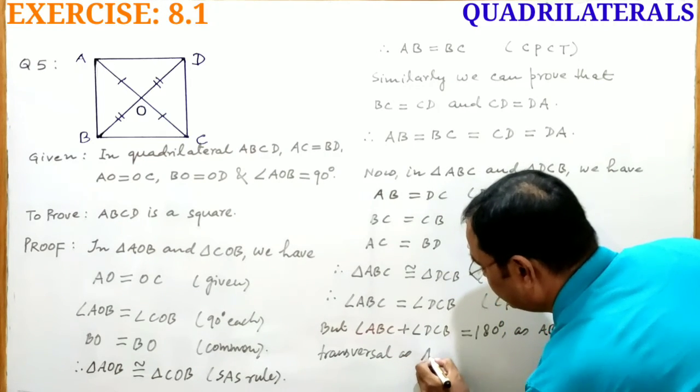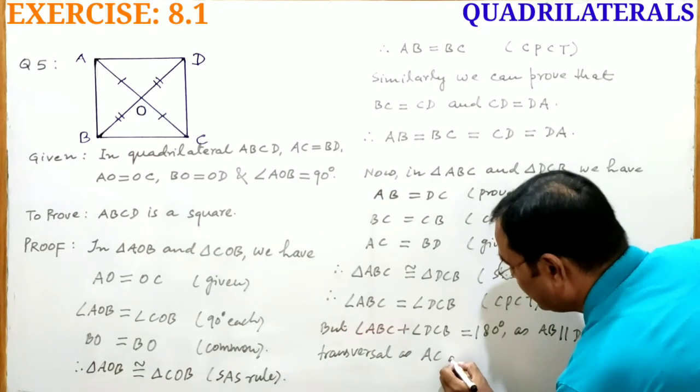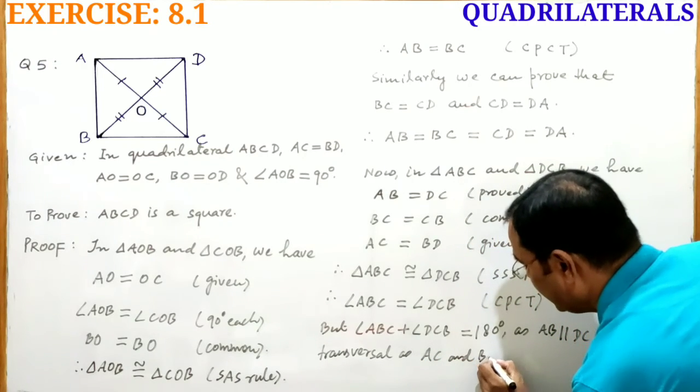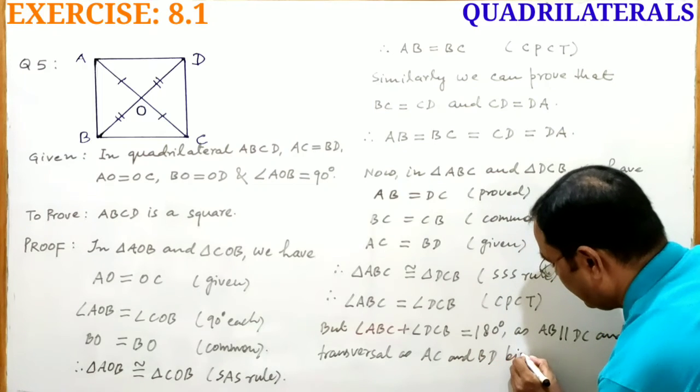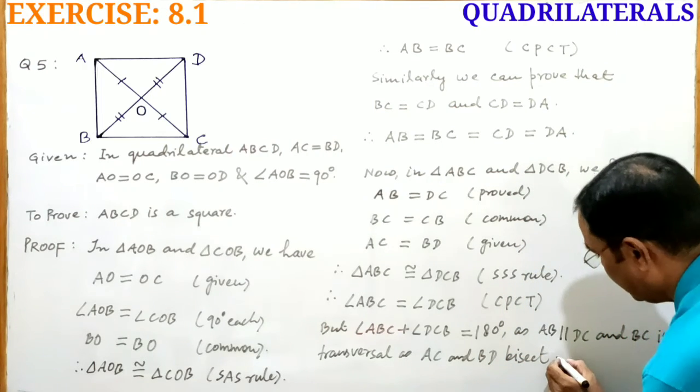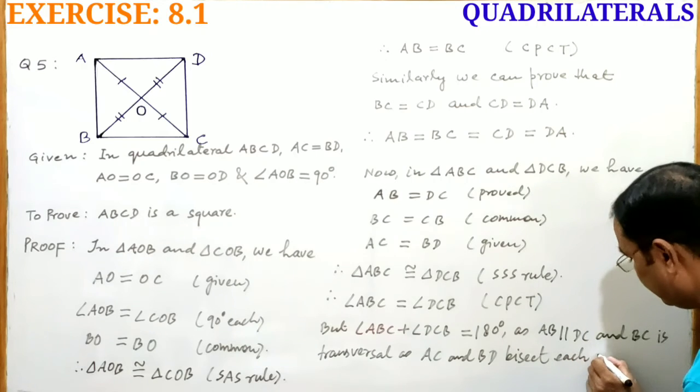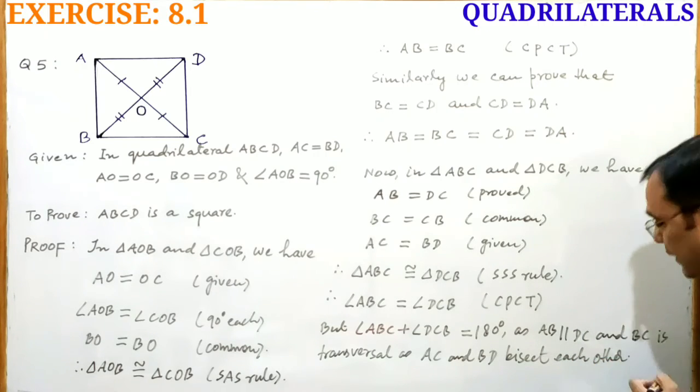As diagonals AC and BD bisect each other, it is given in the question.